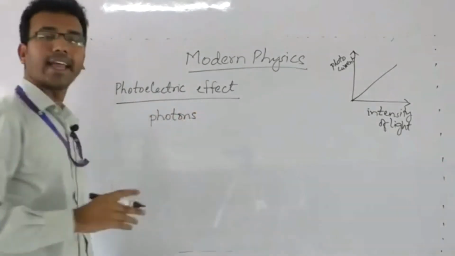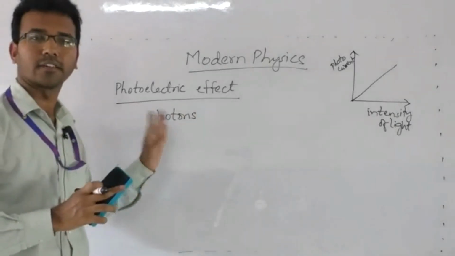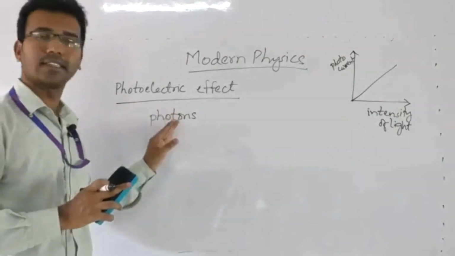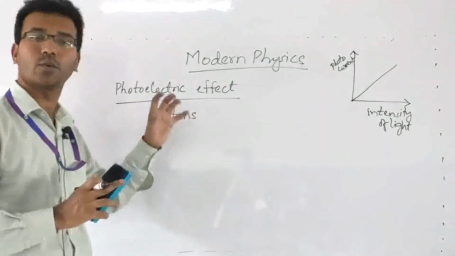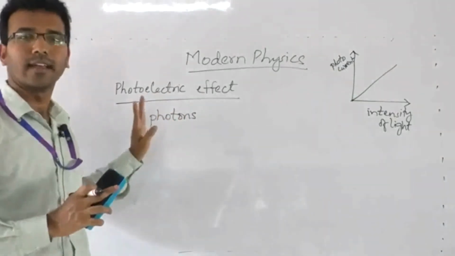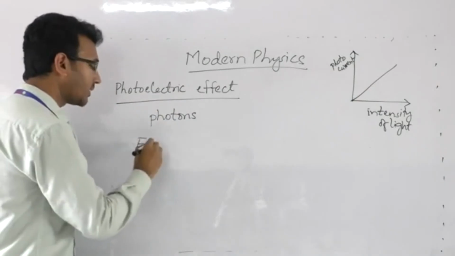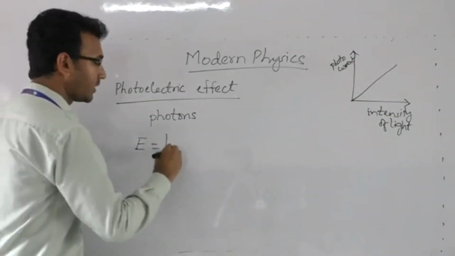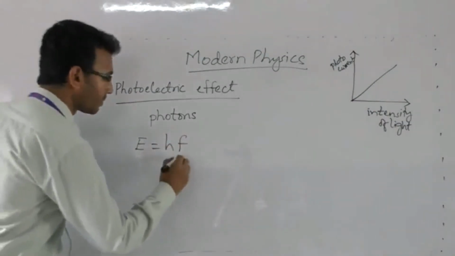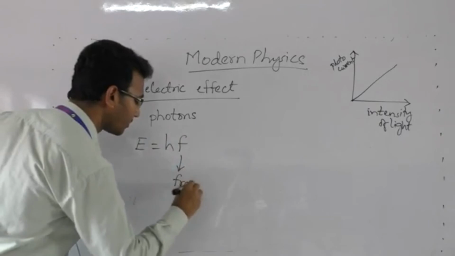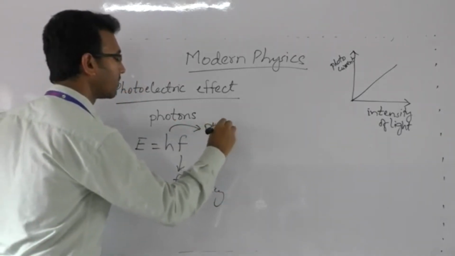So he suggested that light actually consists of photons. The electromagnetic radiation contains quantized particles called photons, and he proposed that each photon will have an energy E equals hf, where f is the frequency of light, and h is the Planck's constant.